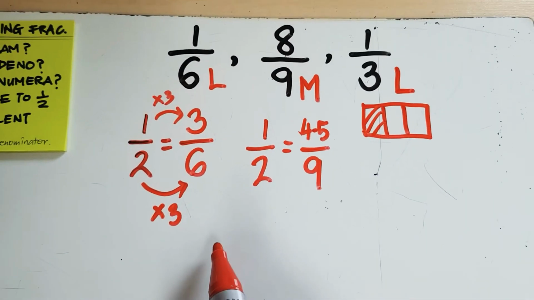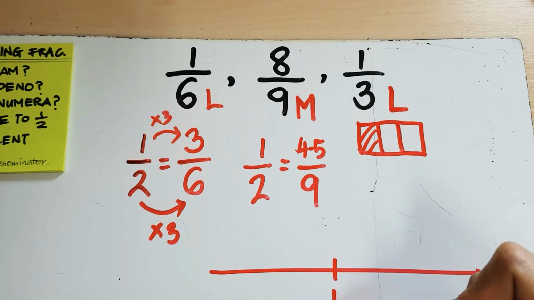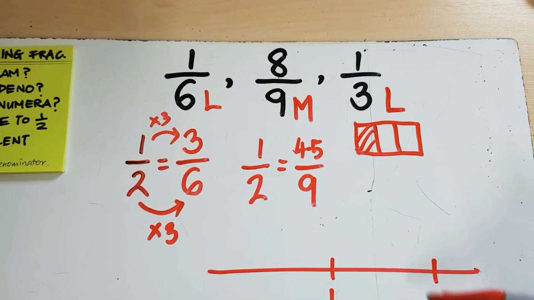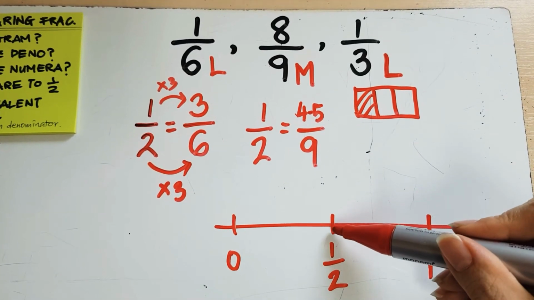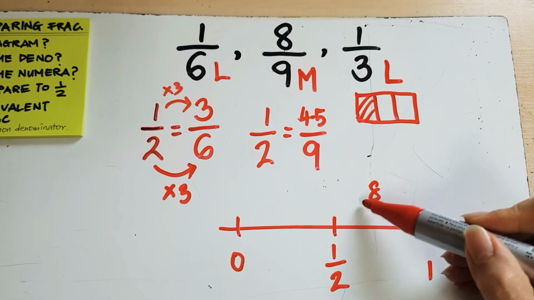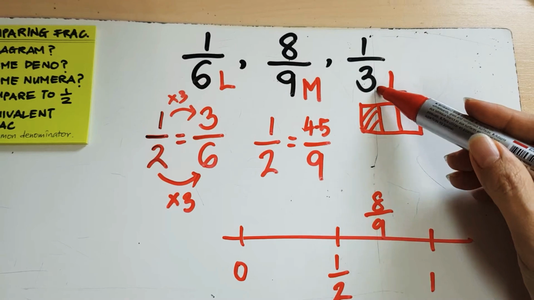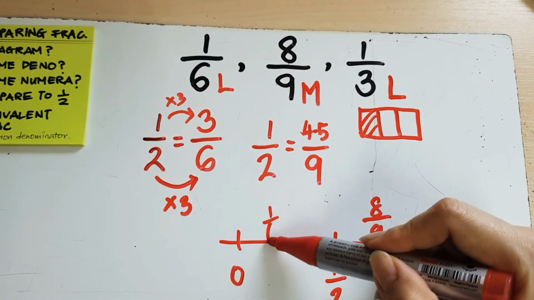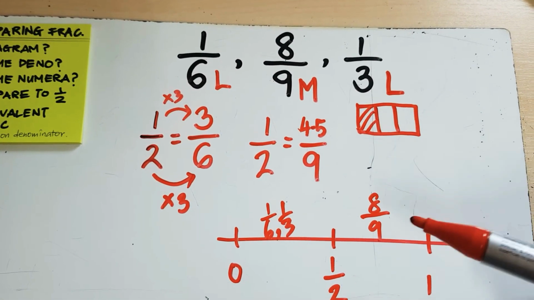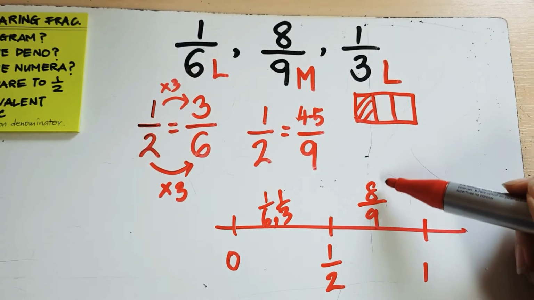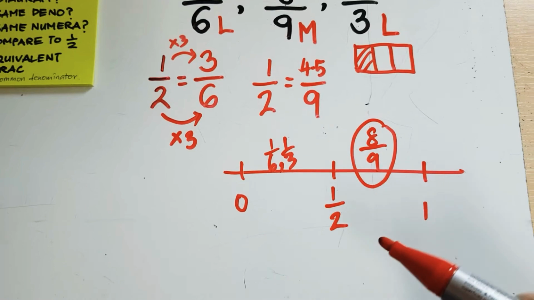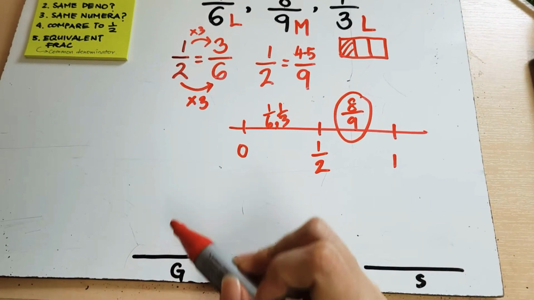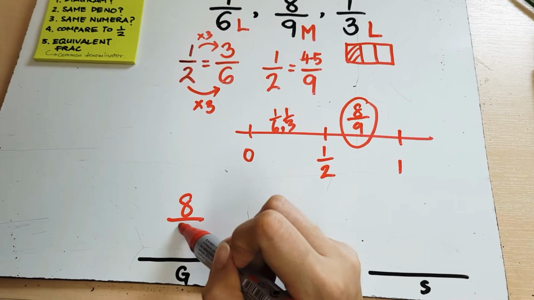Now if I draw a number line, and this is half, now more than half, the fraction would be on the right side, somewhere there. And the other two that are less than half, we will put them somewhere here. We do not know exactly where they are, but what this tells us is 8/9 is the biggest fraction. So I can immediately put down 8/9 here as the greatest fraction.